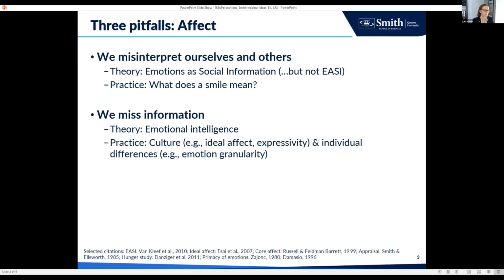A couple that I've mentioned here are what's called ideal affect. So again, if you think about something like a smile, what that means, how big it is, what's normative and how you express that smile, there are large differences across culture in what is considered ideal to express, to what intensity and to what extent and when.